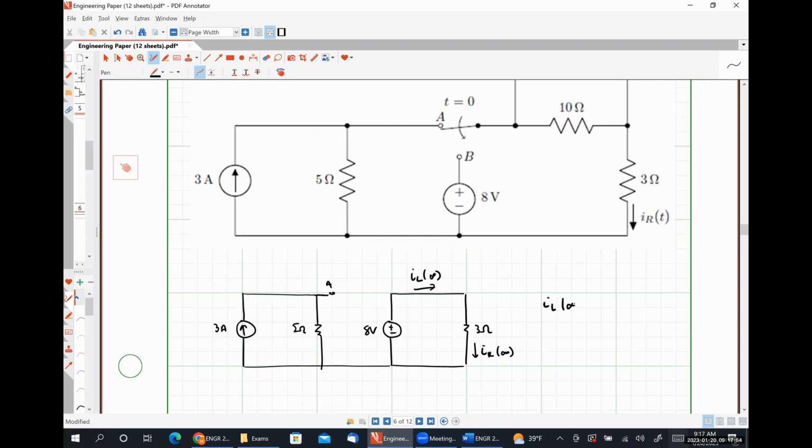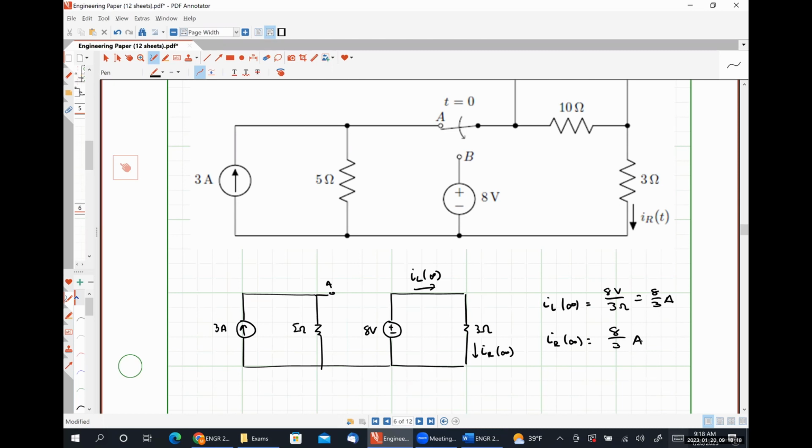And IL at infinity and IR at infinity will obviously have the same value here because they represent the same current. Using good old Ohm's law, this is going to be 8 volts over 3 ohms, which is 8/3 of an amp.